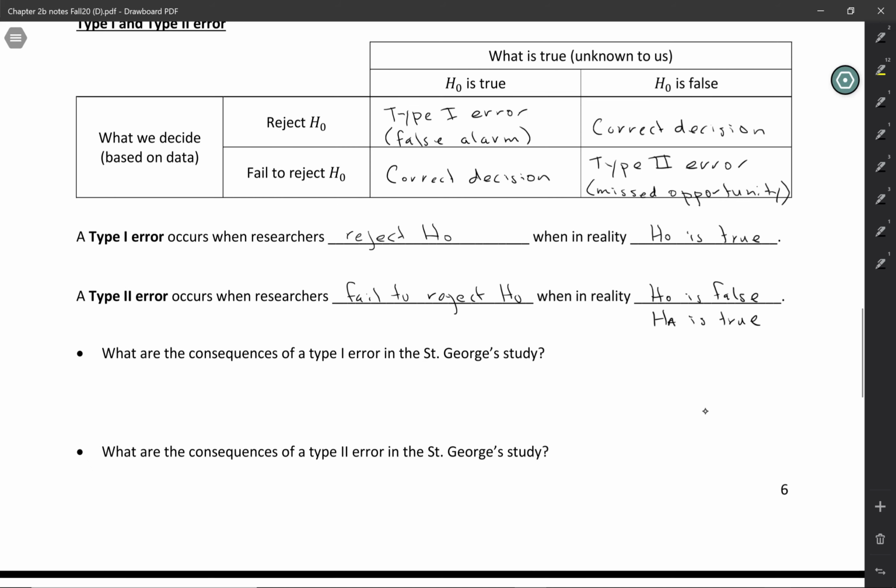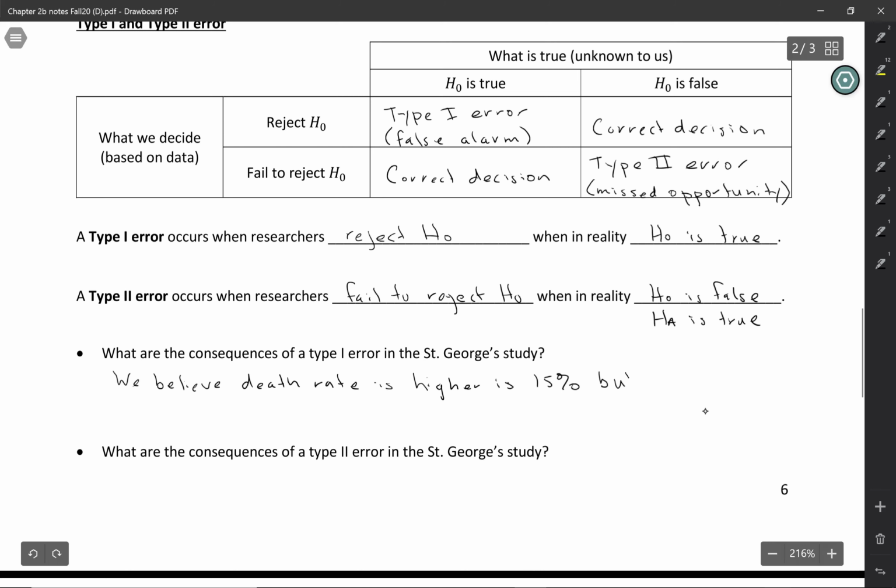So what would a type 1 error be in this context? A type 1 error occurs when researchers reject the null hypothesis. So in this context, that would mean that we believe that the death rate is really higher than 15%, when in reality, the null hypothesis is true. So we think it's higher than 15%, but really it's equal to 15%.